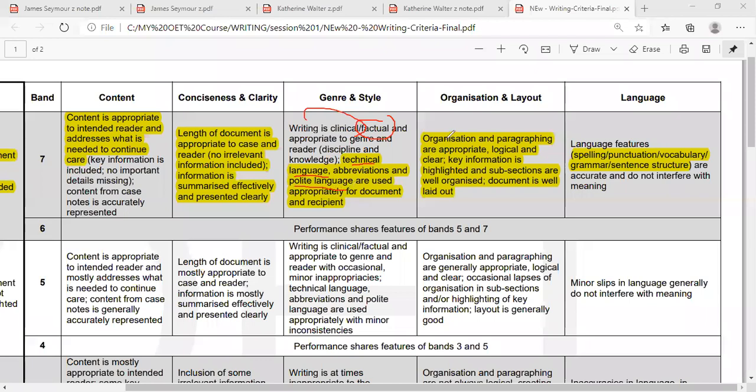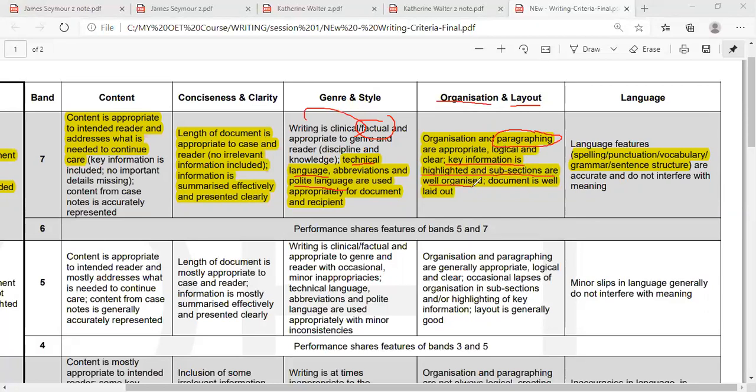All right. And we move to the next assessment criteria, which is organization and layout. Organization and layout means the paragraphs, how they are organized. And this we will discuss in detail during our sessions, how to organize the paragraphs of the letter. It's important to know that the key information is highlighted and subsections are well organized.